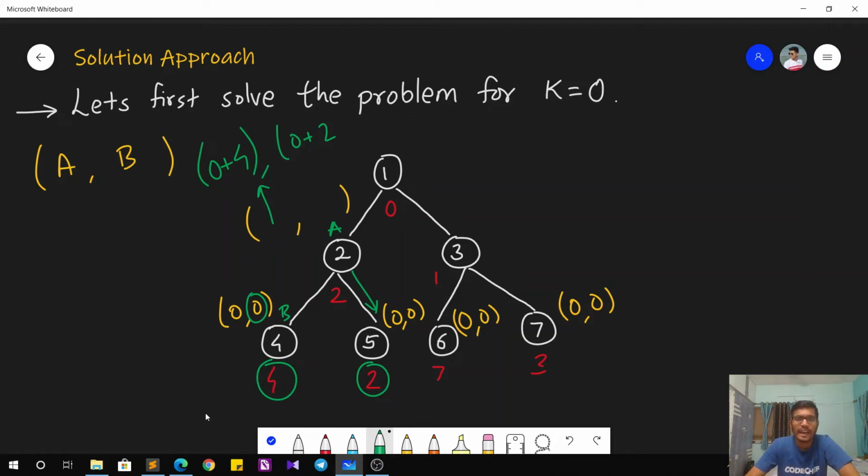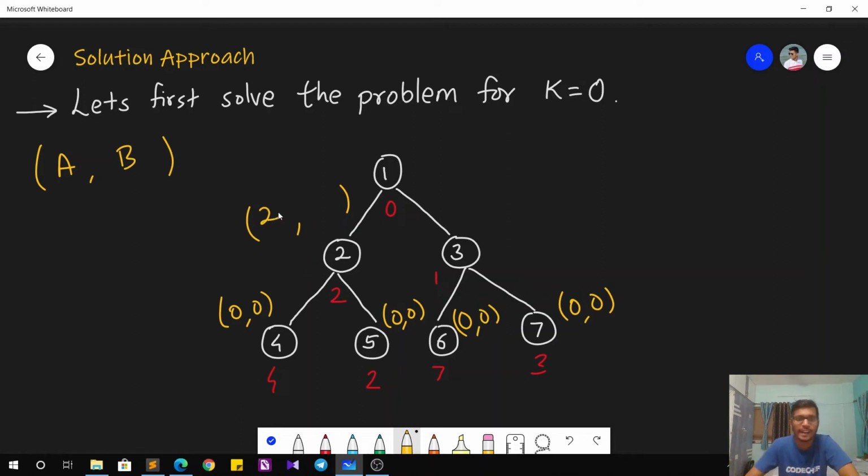Definitely Alice will choose the minimum one. Out of these two, the second one is more favorable. So we have got the value of Alice for this tuple, and if I remove all this, we have the value over here, that is 2.